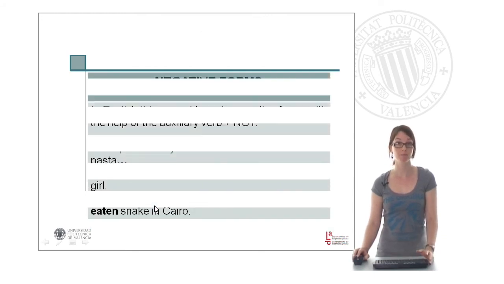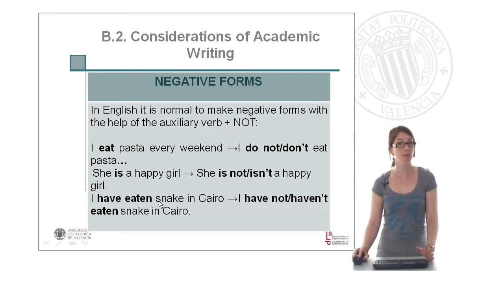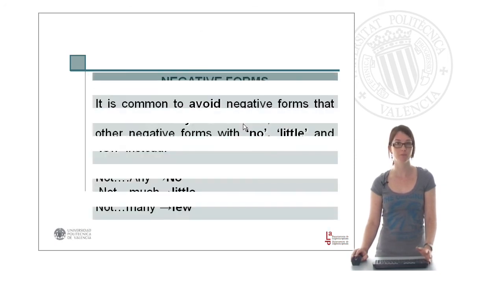Right, now we're going to have a very quick look at negative forms and how you use them in academic writing. In English, it's normal to make negative forms with the help of the auxiliary verb and not, as you can see in the examples here. However, what happens in academic writing?